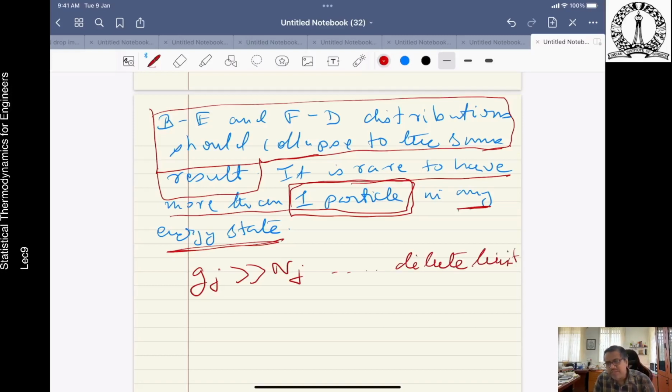As you can see, there are lots of seats available in a stadium, so it's unlikely that two people will start sitting on the same seat. They will probably occupy one seat each because there are a lot of seats available. That is the reason why Bose-Einstein statistics does not have any limit on the number of particles per energy state, but Fermi-Dirac statistics says there can be only one particle per energy state.